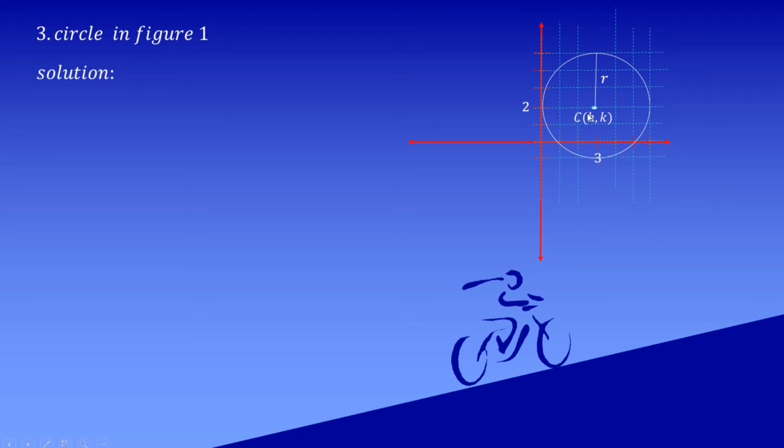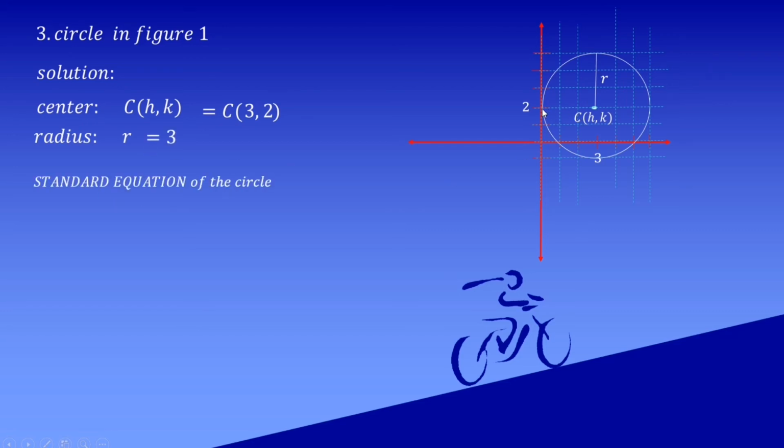That would be h is 3, and our k is 2. And for the radius, alam natin that is 3 units away from the center. Mabilang lang natin yan from the center to any point on the circle.